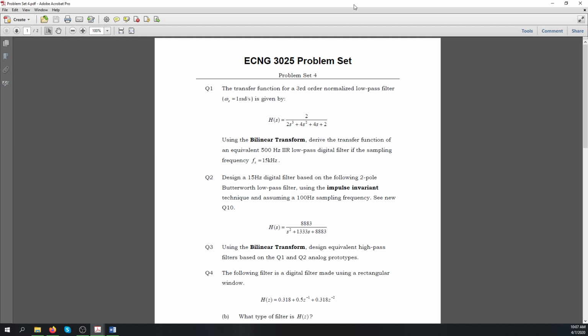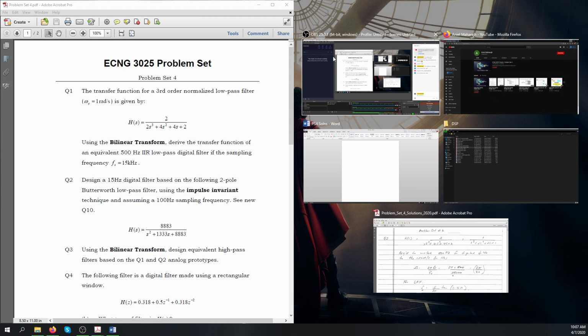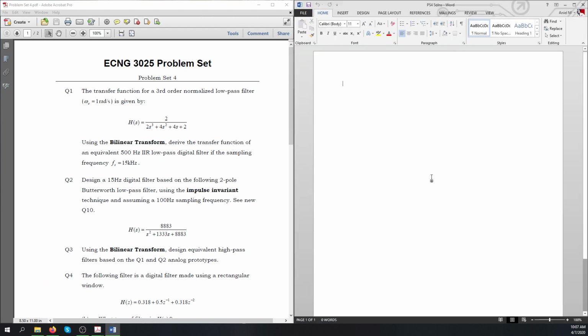Alright, so split this here, put that there because I have to write solutions. Okay, so the first question here is asking us to do the bilinear transform on this h of s equation.